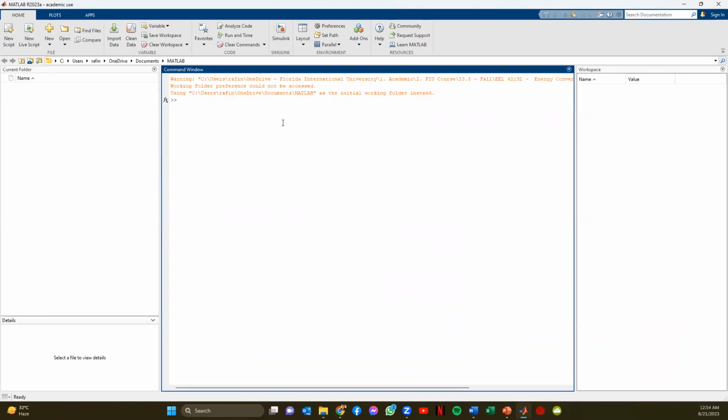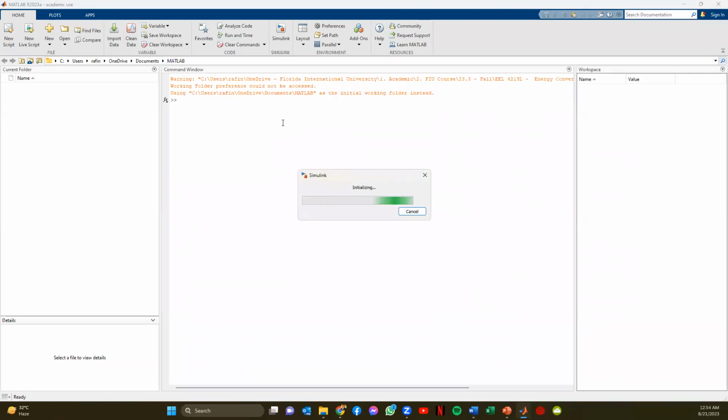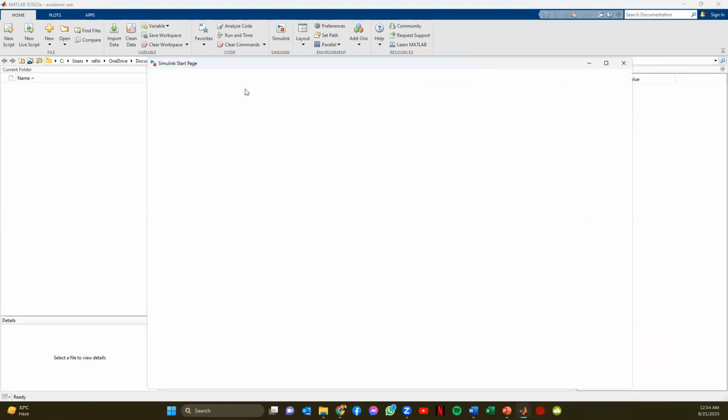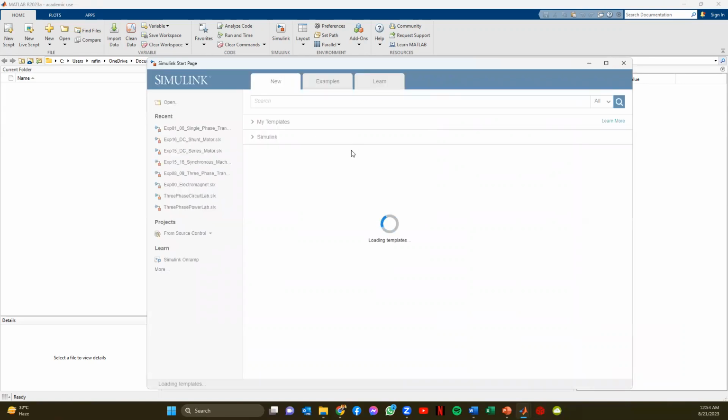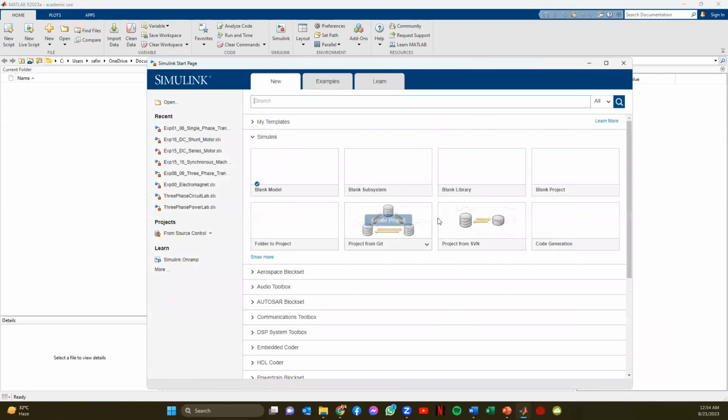You'll have to simulate them. In some cases, you need to generate and design on your own. So if you find difficulty using this software, just let me know. I will provide some tutorials on that as well.